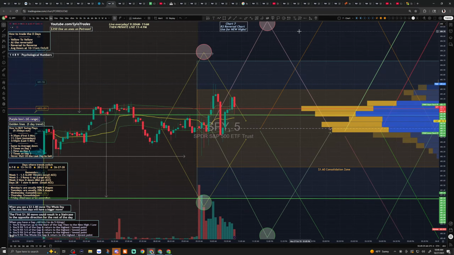Let's see if we can get some other trades. This looks like it's going to expand to the top, so I'm going to go long here. Excellent.